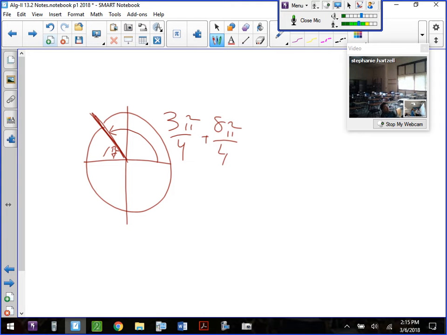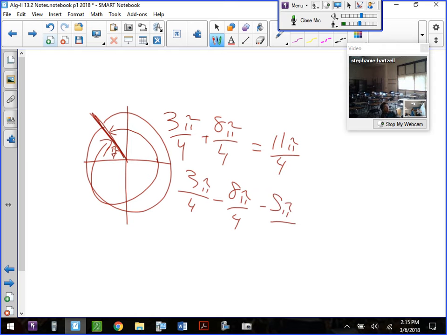What's 3 plus 8? Okay, if I wanted to go this way, I'm going to take, and you get, see how much easier that is? Don't overthink it. Don't overthink it.